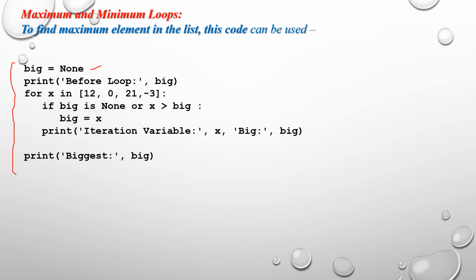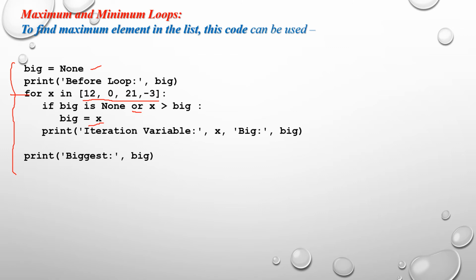After that we declare the looping condition for x in list. The list contents are 12, 0, 21, minus 3. After that we declare one condition: if big is None or x greater than big. If this condition is true, then big is equal to x.